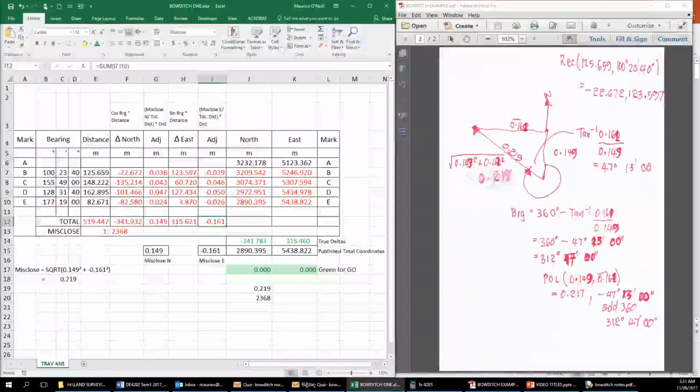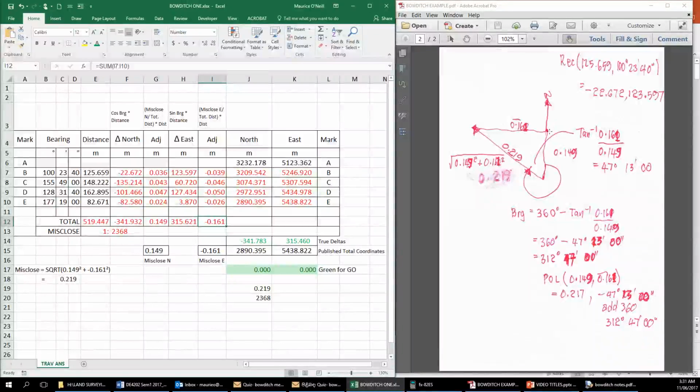So if I use my diagram here, when we're unadjusted, we get to a point here, and we find that we've got to go a further 0.149 north to get to there.